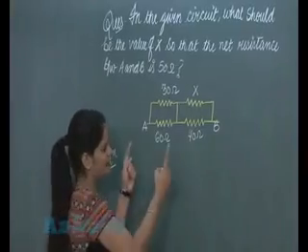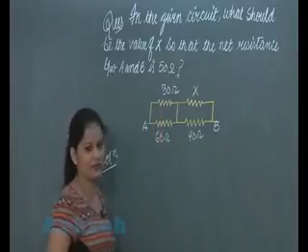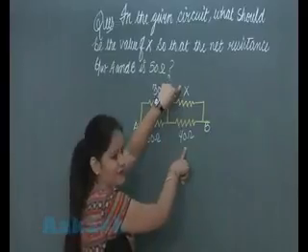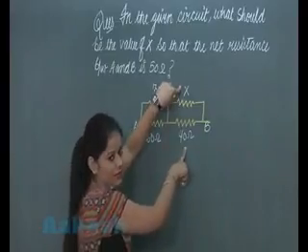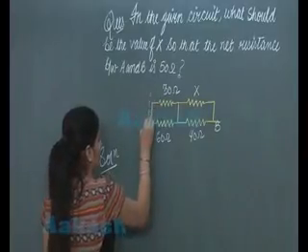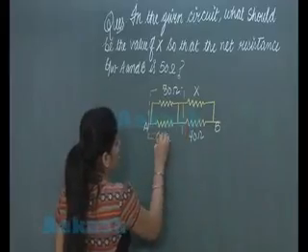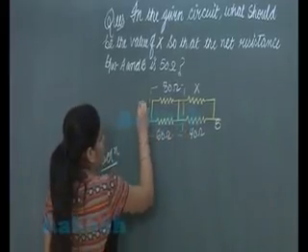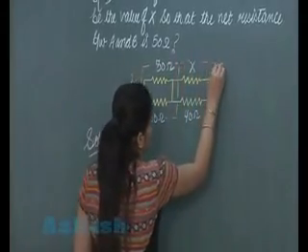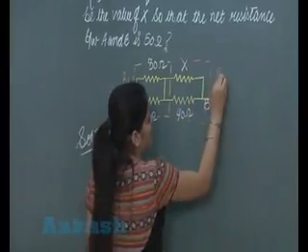Student, we can see here that these two resistors are connected in parallel and these two resistors, that is X and 40 ohm, are also connected in parallel. First of all, let us say that the effective resistance of these two resistors be R1 and the effective resistance of X and 40 be R2.